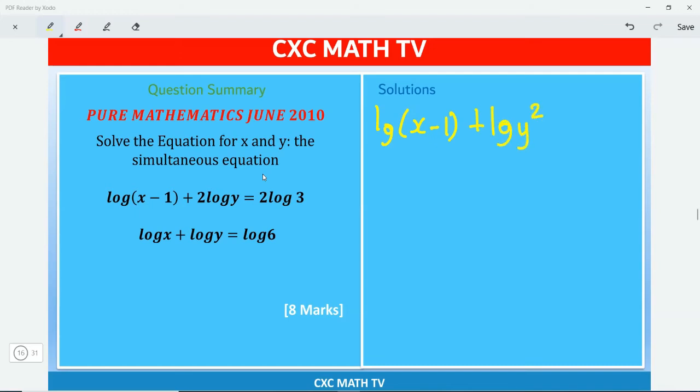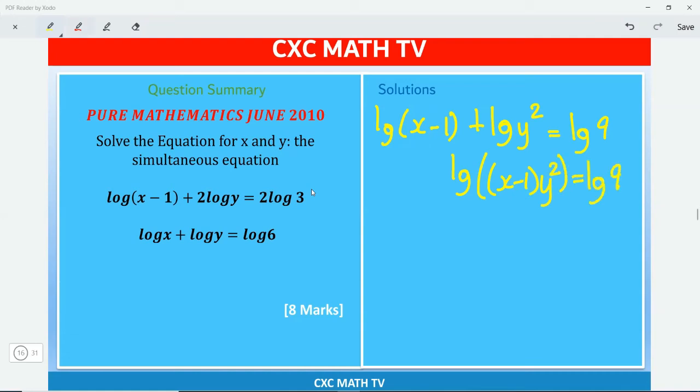And that's equal to, bringing up the power of 2, log of 3 squared, and 3 squared is 9. Using laws of logarithm, the left side becomes the log of (x minus 1) times y squared. That's equal to the log of 9.